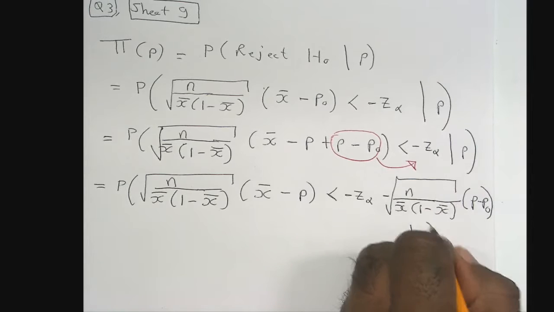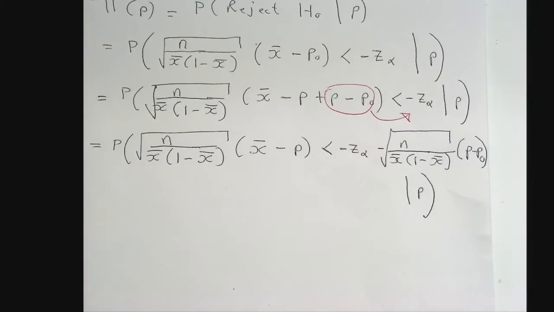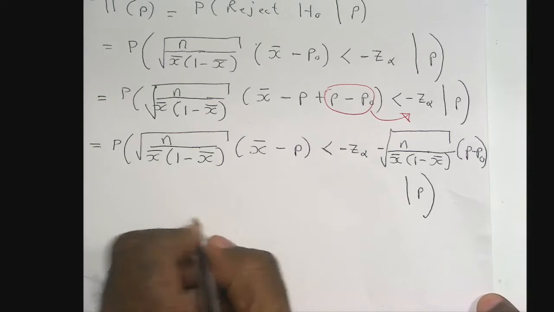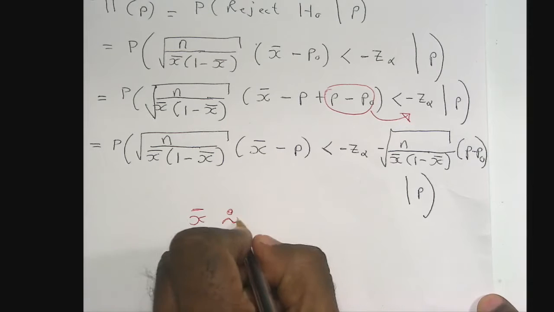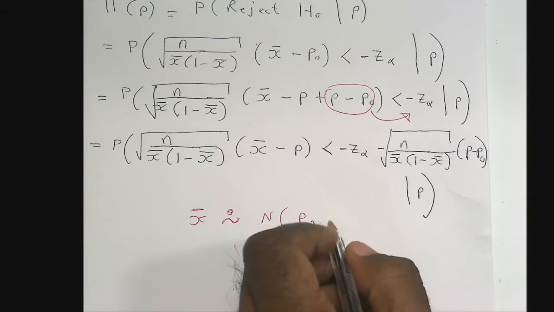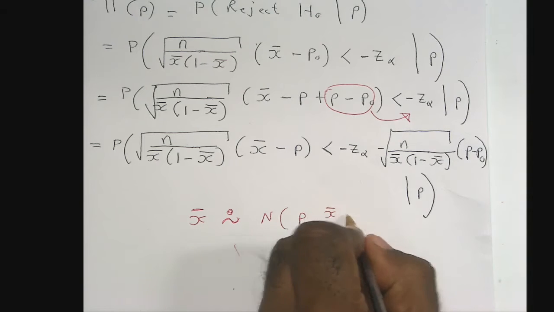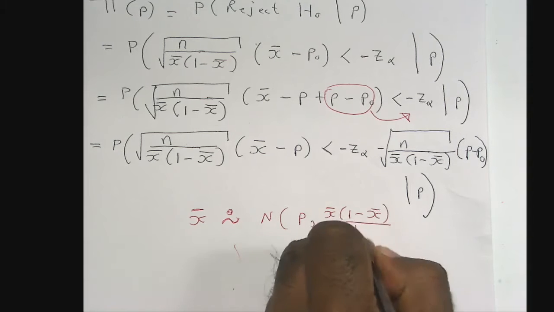given P. All right. Now I'm going to use an approximate result. Remember that this is not an exact test. It's based on an approximation, as explained in the class. So this result is based on the approximation that X bar has an approximate normal distribution with parameters P and variance given by this.